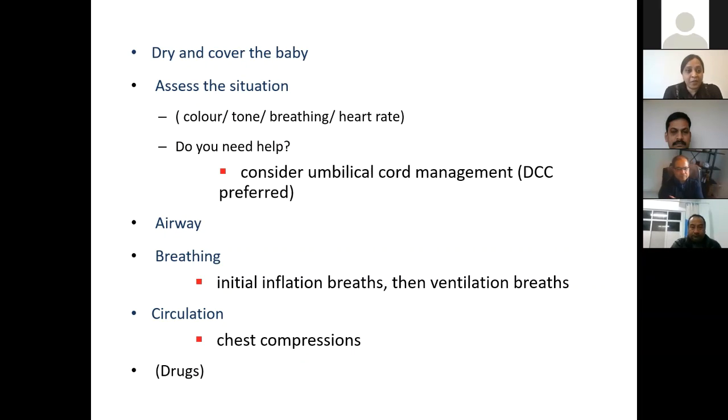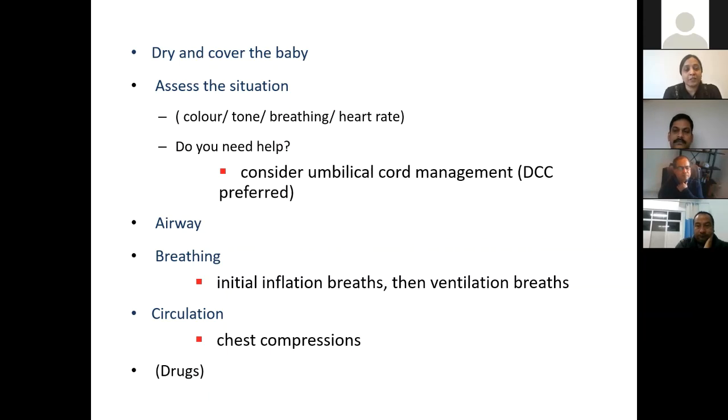You manage the airway, so neutral position, inflation breaths. If the chest doesn't move, think about airway adjuncts. So that's jaw thrust, suction under direct vision, or either a Guedel airway or intubation or laryngeal mask airways. Then inflation breaths, then 30 seconds of ventilation breaths.